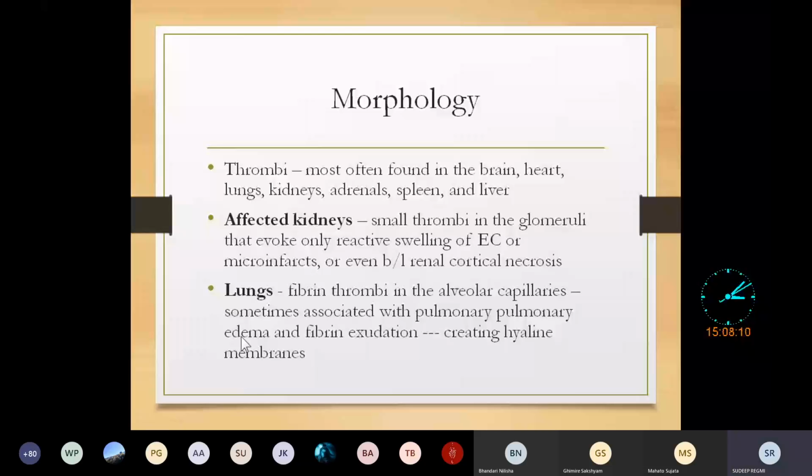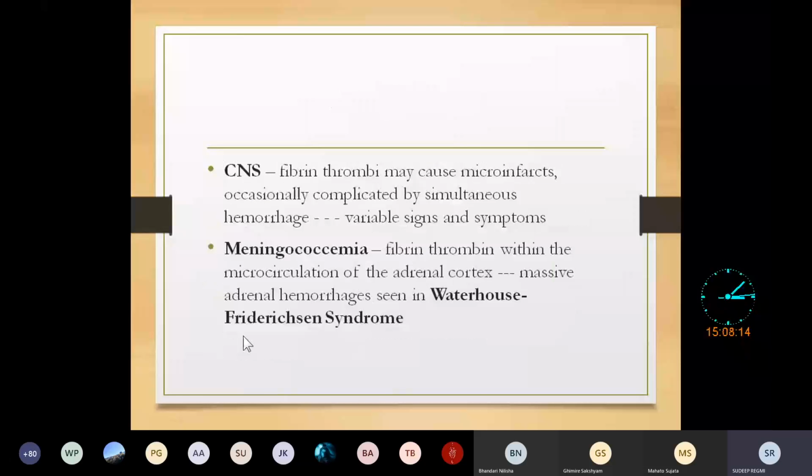In the CNS, the fibrin thrombi may cause microinfarcts and will occasionally be complicated by simultaneous hemorrhage. This will lead to variable signs and symptoms such as convulsions, coma, and so on.